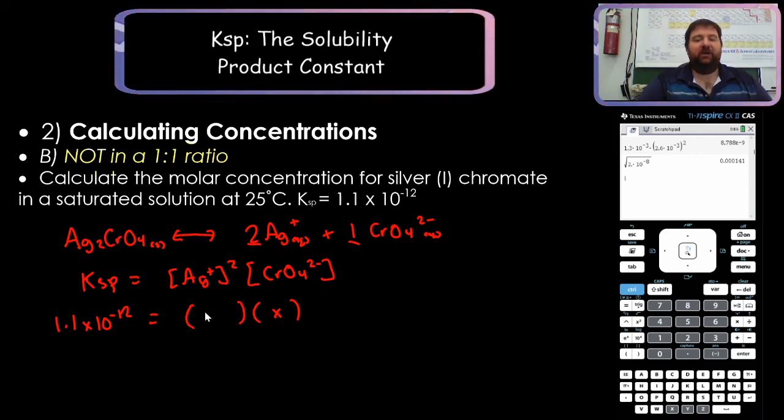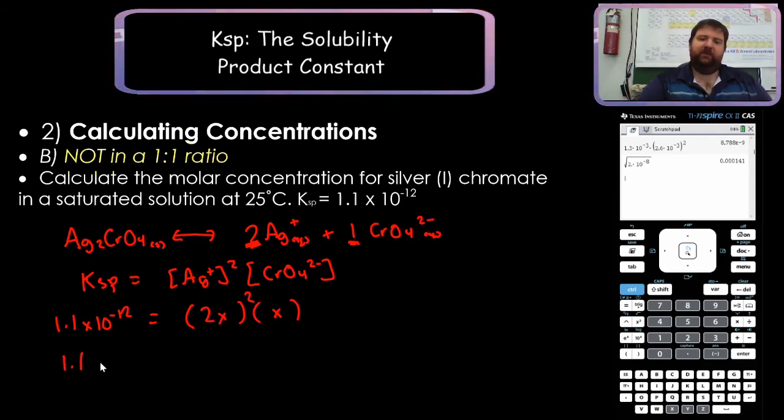So my concentration of silver is going to be 2x, right? If CrO4 is x, then because I have twice as much silver as I do chromate, I have 2x concentration of silver. But this one's squared, and this one's to the power of 1.